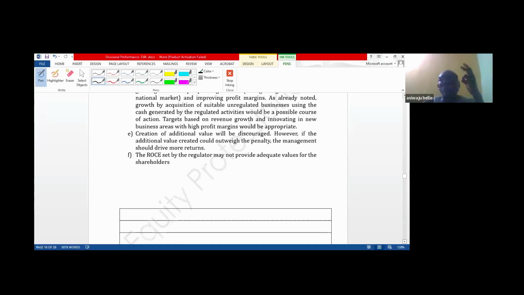The rules set by the regulator may not provide adequate value for shareholders.